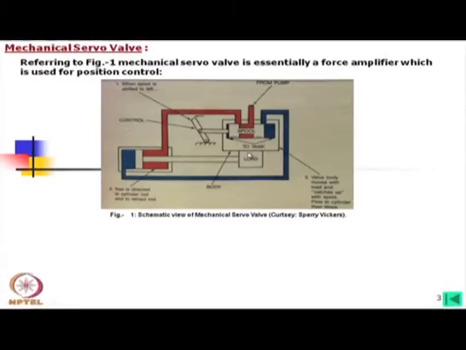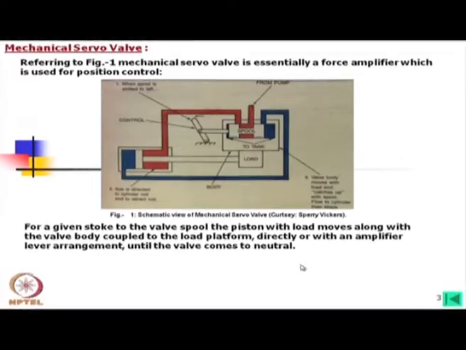For example, if this is fitted over the template, following this template, the feed is through the template and automatically this will move.